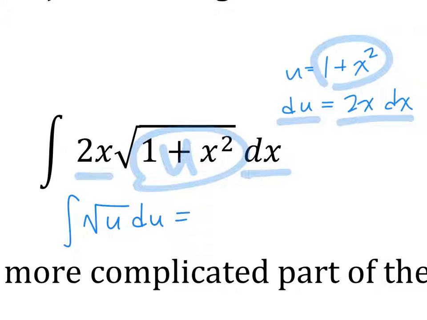So I just replaced it with du. So 2x dx becomes du. Yes, the first few times you see it, it's just very confusing, especially that du part. Once you get used to it, you kind of know what you're looking for. Okay, so just integrate right now. Integrate square root u.